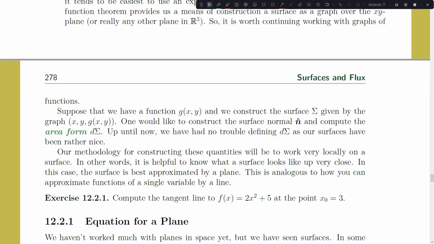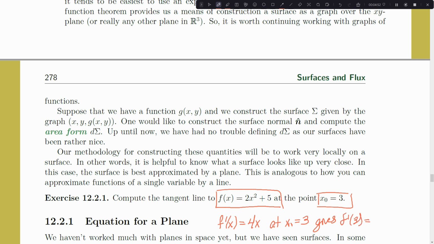Okay, so let's just take a really quick example and try to refresh ourselves on Calc 1. Calculate the tangent line to that function at a specific point. How we do that is we calculate the derivative, and the derivative will be 4x here. At x naught equals 3 it gives 12.